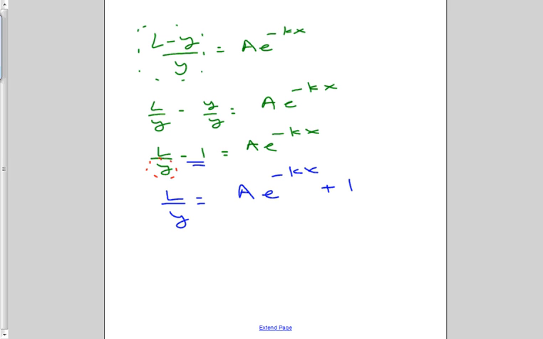And now we can essentially cross multiply and multiply both sides by y, and divide both sides by A e to the negative kx plus 1.